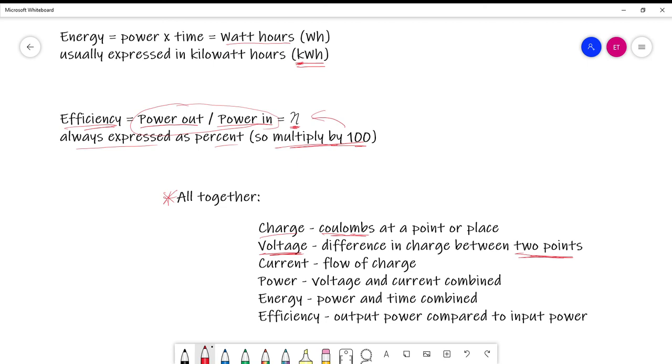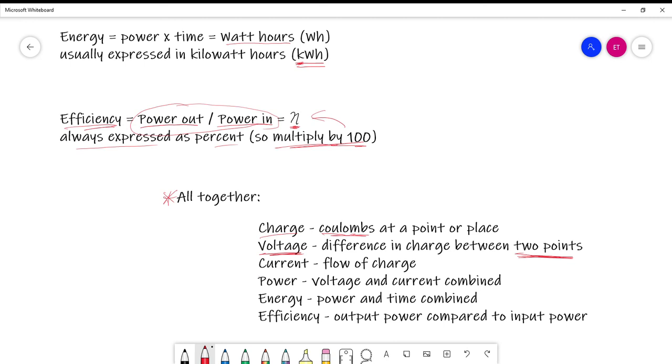So 5 volts doesn't mean just 5 volts sitting on a point somewhere. It means 5 volts difference between 2 points. And many times one of those points might be circuit common, so we don't always mention it. But yes, voltage is always the difference between 2 points.